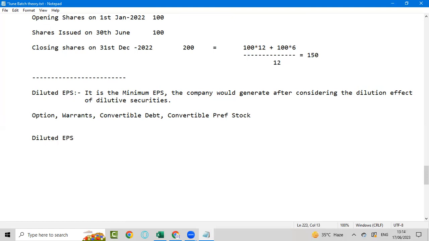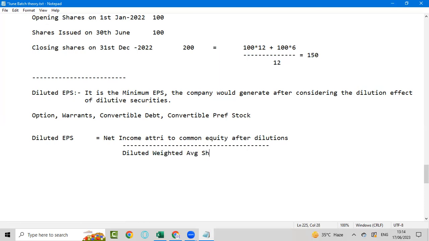So diluted earnings per share is equal to net income attributable to common equity after dilutions divided by what? This time we will take diluted weighted average shares outstanding. Then net income.